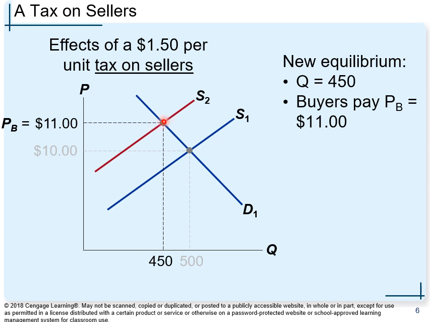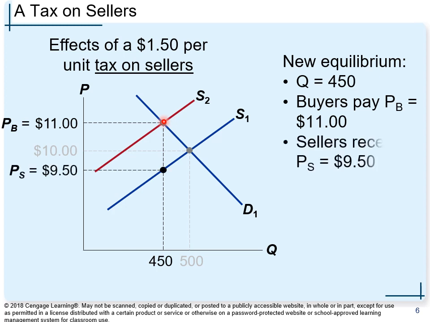Well, they charge $11, but they must pay $1.50 to the government. So the $11 minus the $1.50, that's the $9.50 price per unit that sellers receive. So you see here, the effect of the tax is that number one, it reduces the quantity in equilibrium to a lower amount.